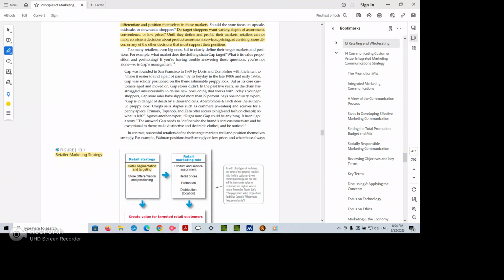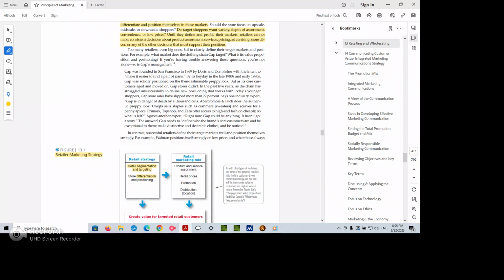Once we know what segment, what target market we're going into, such as cars, we need to know the segment. What kind of car? And once we know what kind of car, we know how our car is going to be different than our competition's car.